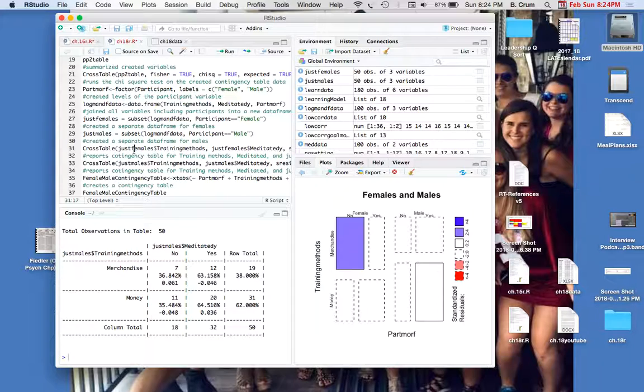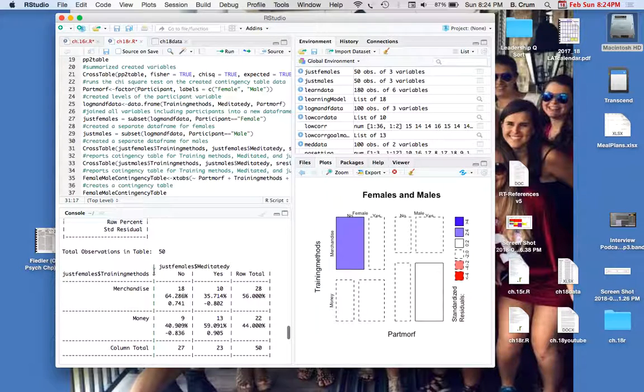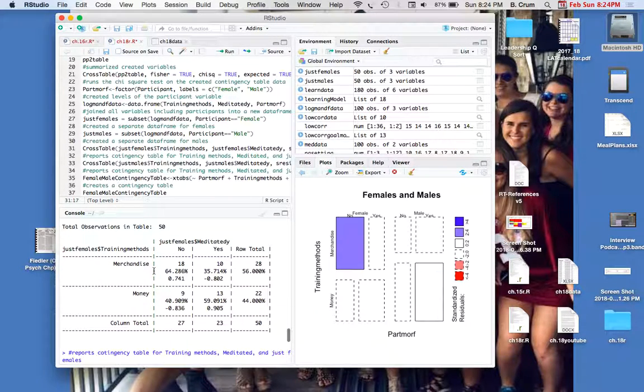The contingency tables are very similar to before, although smaller because of the things we omitted, and they're separated by the participant's gender. So the first table is for females, which is right here. And the second one is for males. We'll get to that one in a second.